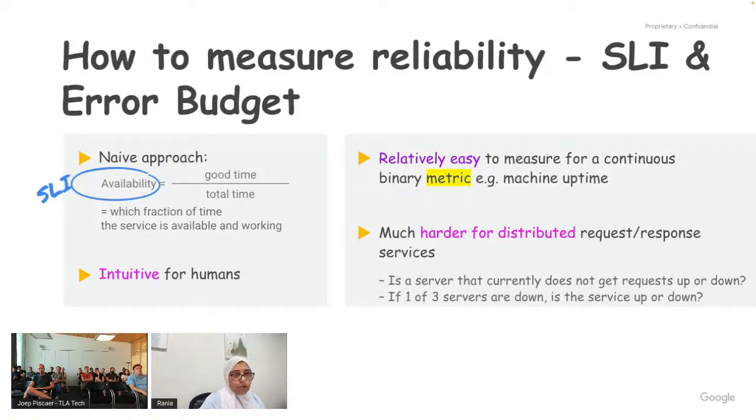But let's first talk about what SLI is. SLI is the service level indicator, and you can see from the name itself that it's focusing on a service. Yes, that's true. It can be a business service, a distributed business service, a micro function, a microservice, or an end-to-end business process.